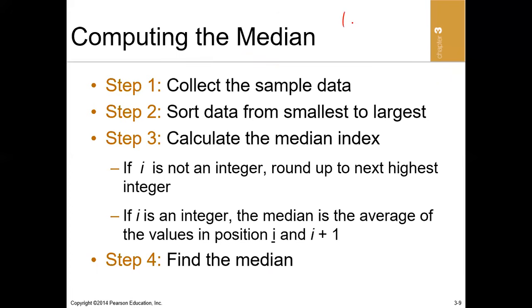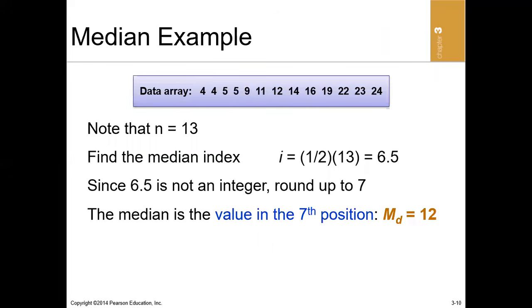That is half of n. That's the median position. Or if the number of items is an odd number, let's say 5 items or 7 items or whatever, the median position is equal to half of n plus 1, okay? Then you find the median.